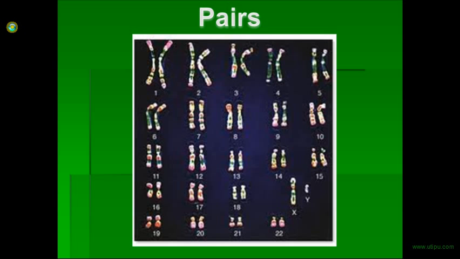But let's take it a little further. What does it mean, homologous pairs? How does that work? Well, in a cell, you're going to notice that both the chromatids have made copies, but something happens in meiosis that is very unique and allows for variety.